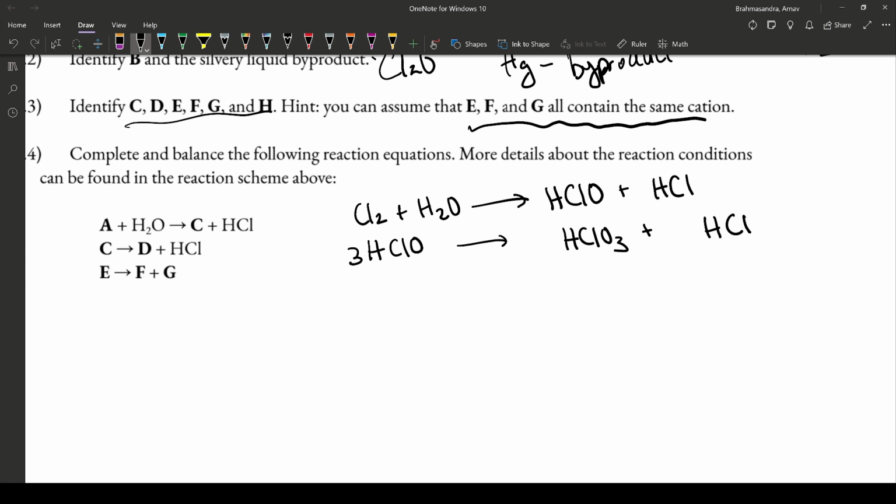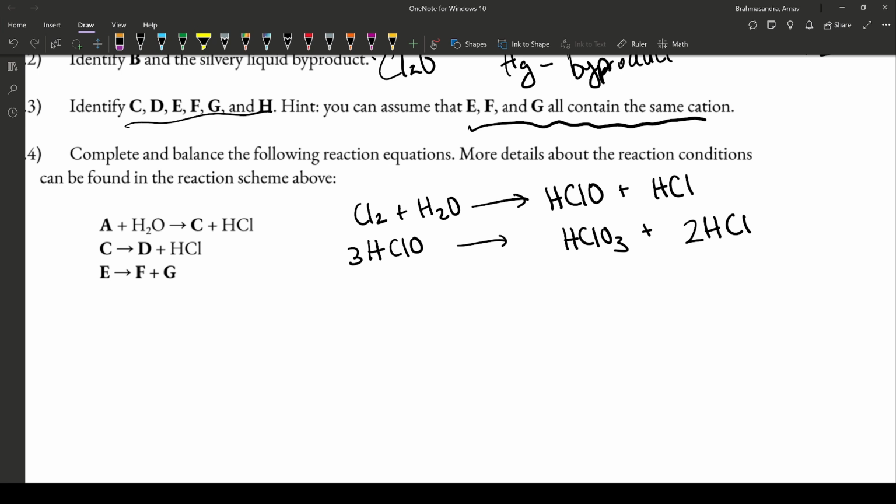Next, we want to balance our chlorines. We have 3 chlorines on this side, and 2 chlorines on the other side. If we want to balance our hydrogens and chlorines together, we just put a 2 in front of the HCl. Now we have 3 hydrogens on the right side and 3 on the left, and 3 chlorines on both sides. That should have been decently simple.